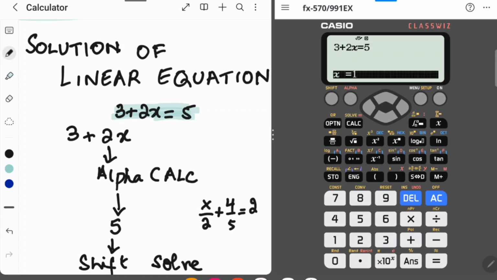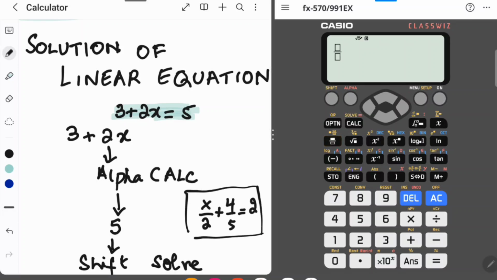Let's take another question. For example, you have this equation: x upon 2, this button you will press. I'm again telling you this button. That is x upon 2, and then plus 4 upon 5, and then you have to press equals, alpha and then this button.